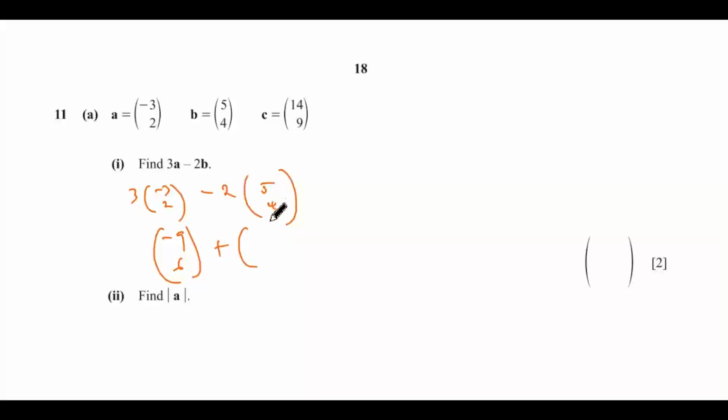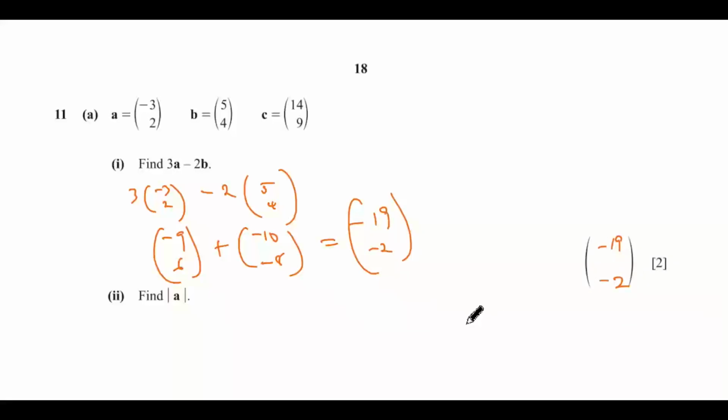Minus 2 times 5 will be negative 10, then you have negative 8. If you add this together, you get negative 19, that is minus 9 minus 10. Then you have 6 minus 8, that will be negative 2. So you have negative 19 over negative 2.